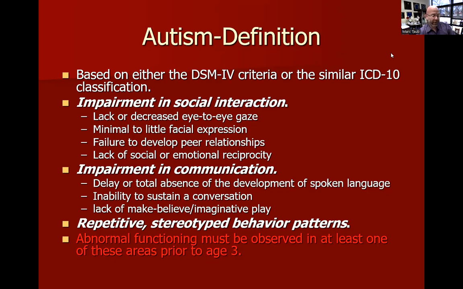The third category is the one where these kids will have repetitive and stereotyped behaviors. So maybe they will have a bunch of blocks and they'll put them in size order, or they'll put all of the red blocks together and the blue blocks together, maybe they'll do it by different shapes. So as I said, one of these must be observed before the age of 3.